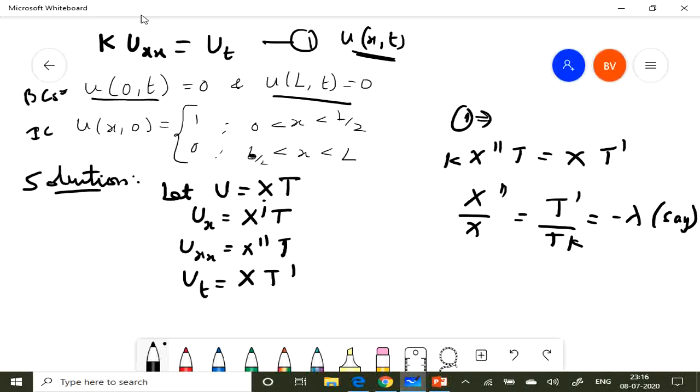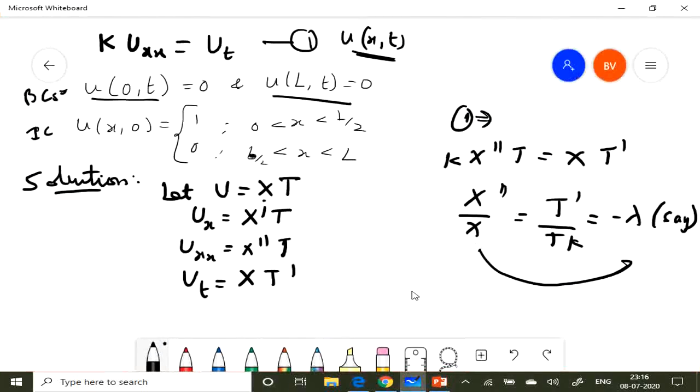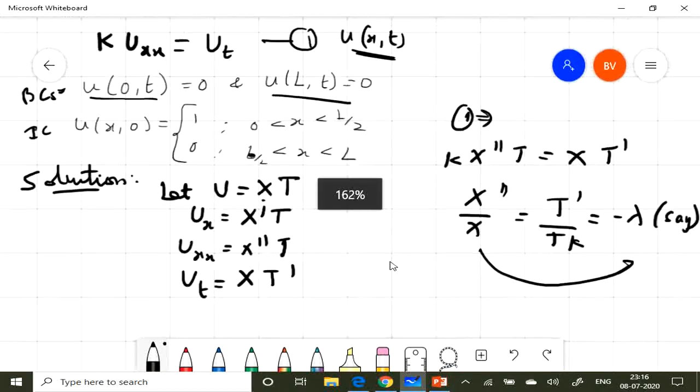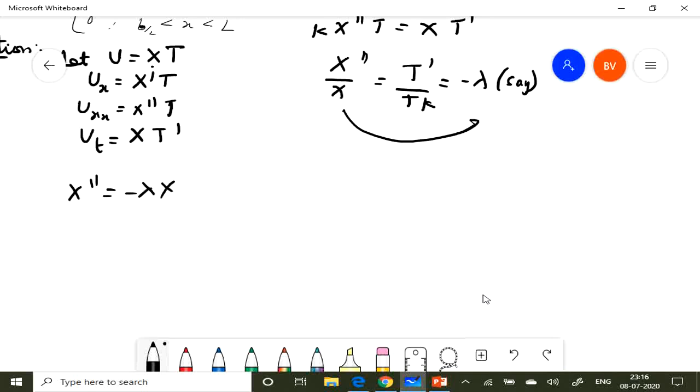So now comparing the first and the last terms, what do we get? Comparing the first and the last, you will get X double dash is equal to minus lambda times X. That is, X double dash plus lambda X is equal to 0.